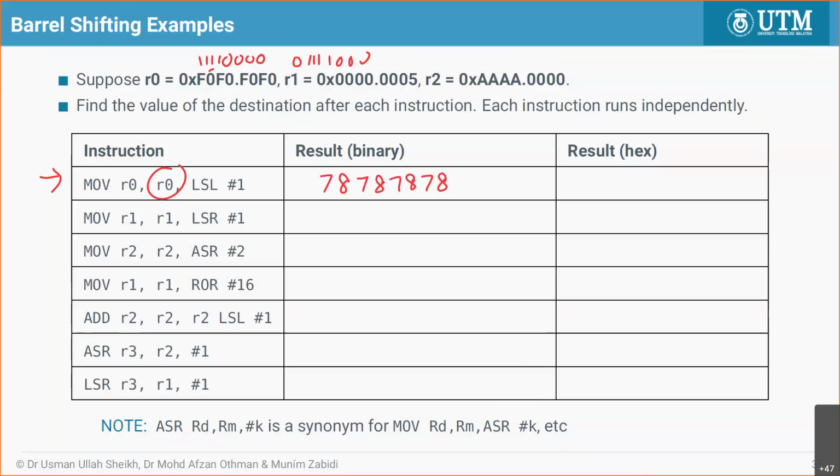Or if we do it in binary, we want it in binary, right? So it will be like 0111 1000, 4 times. One more, and so on. You get the idea.